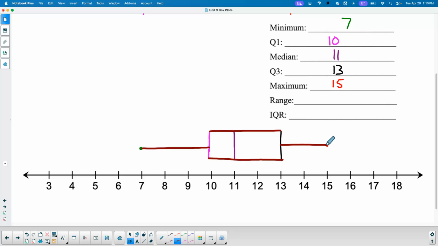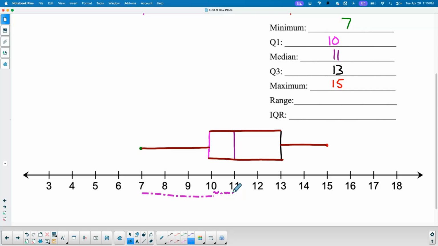So what we've done is we've taken our data and we've divided it into quarters. So right here, between 7 and 10 is 1/4 of our data. Between 10 and 11 is another 1/4 of our data.